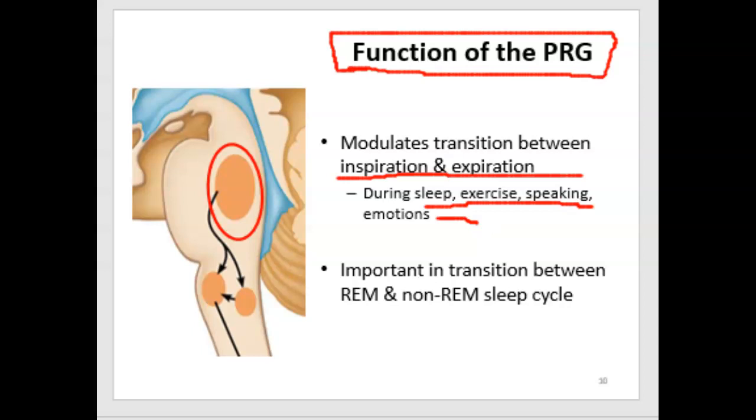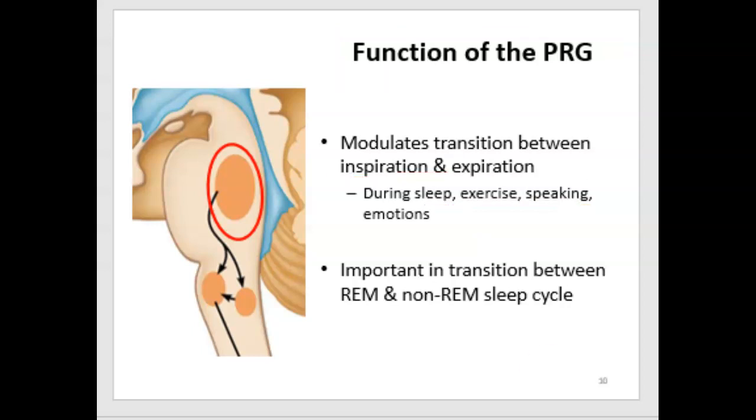That's one particular example. Another important example is that when we sleep, we go through different sleep cycles throughout the night. One is called REM sleep, rapid eye movement sleep, and the other is non-REM, or non-rapid eye movement. In one you dream, in one you don't. I don't know a lot about sleep, but that's the general idea.